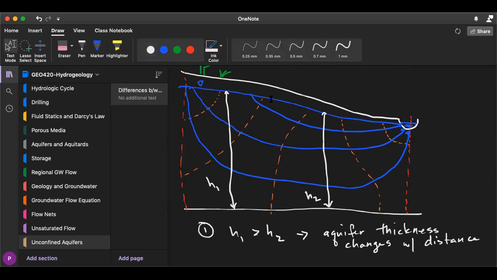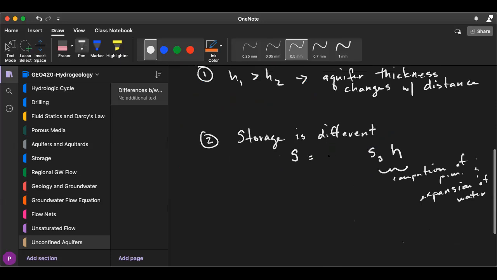I've reduced the thickness, but I had to drain the pores to do that, right? In a confined aquifer, as long as it stays confined, I never drain pore space. It's still full of water. But in this one, if I reduce the head, I drain pore space. And that was this, we had to add the specific yield to this. So this was draining the pore space.